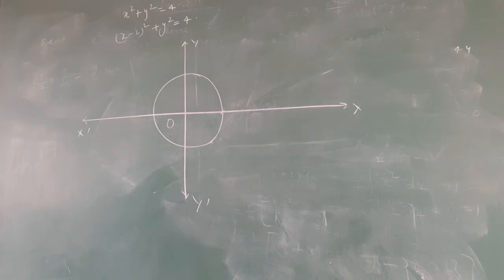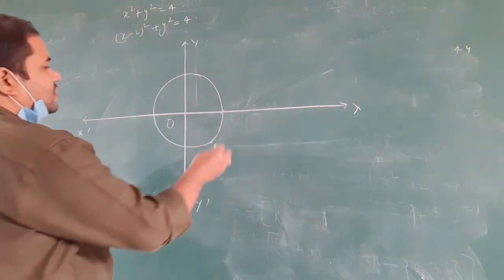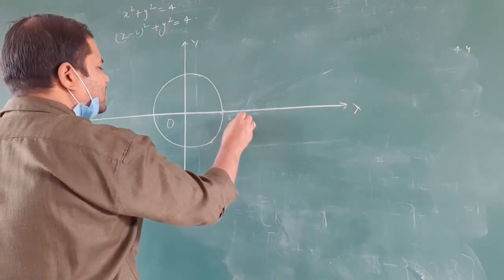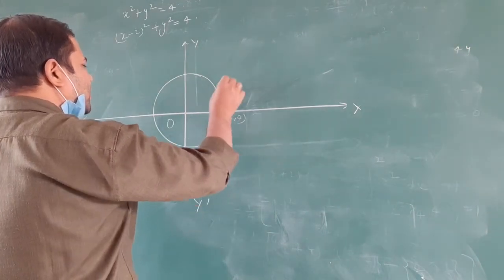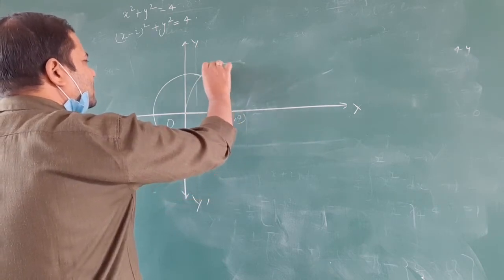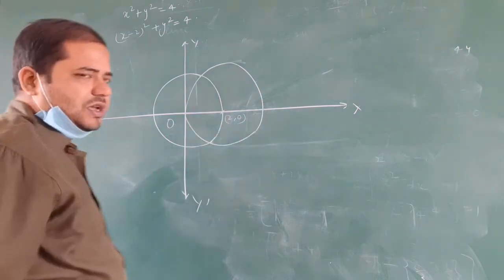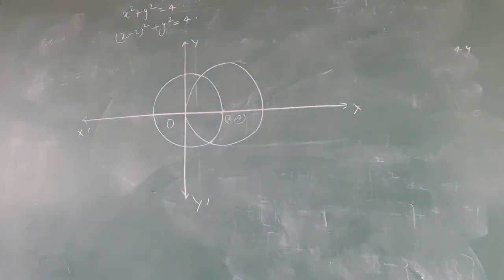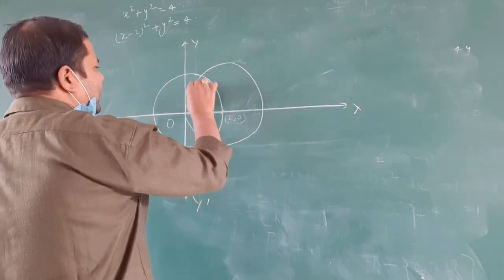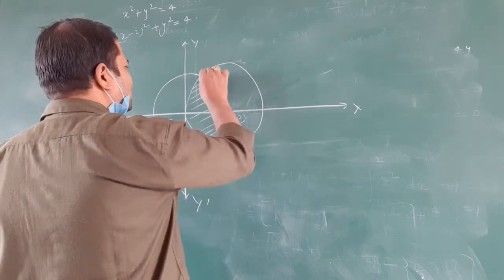So the first one is this one, whose radius is 2, and the second one is the circle whose center is 2, 0. So this type of circle we get. We need to find the area of this region, the area bounded by this region.